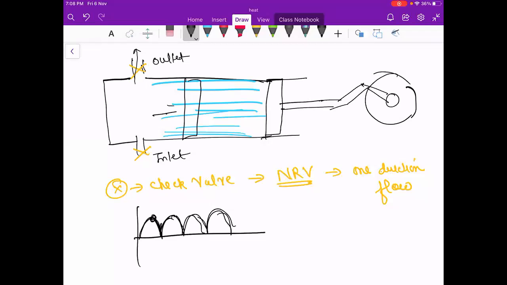So that is why there will be fluctuation in the system, and that is not good for any reactor. That is the reason we avoid using a positive displacement pump.